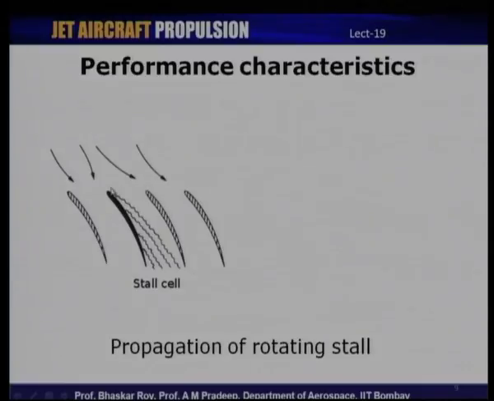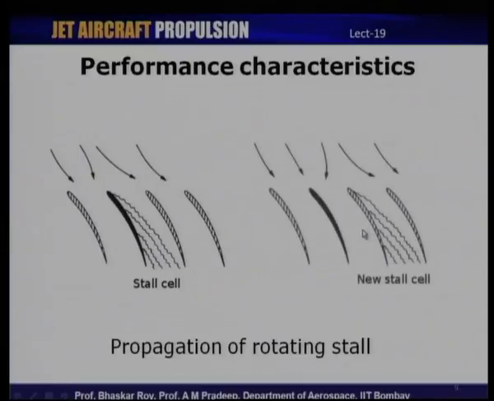Because the vanes themselves are rotating, and because this blade is undergoing stall, the flow approaching the adjacent blade also experiences a higher incidence.